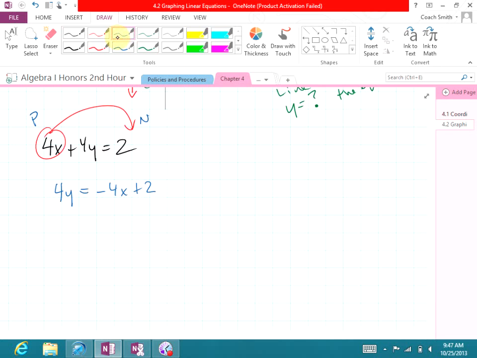Now, I have to divide by 4 to everything. That cancels. That gives me y equal, this cancels, giving me negative x plus 1/2.